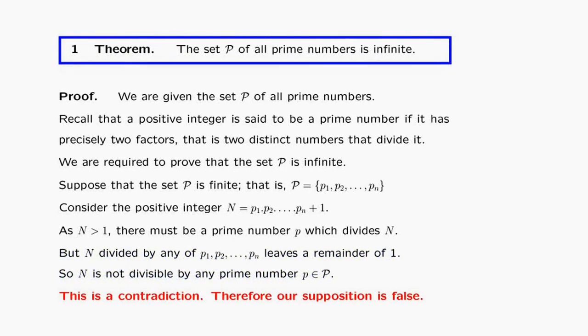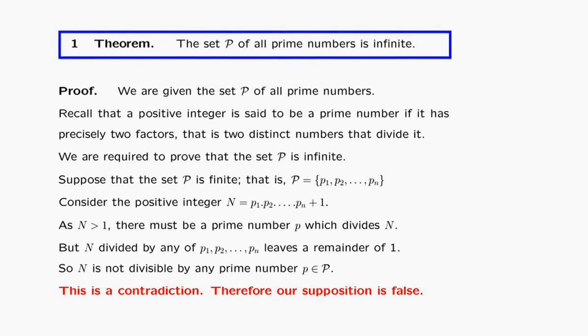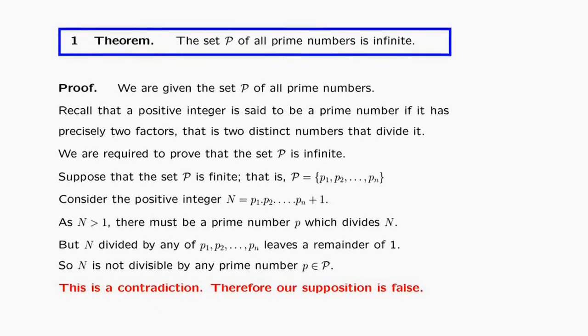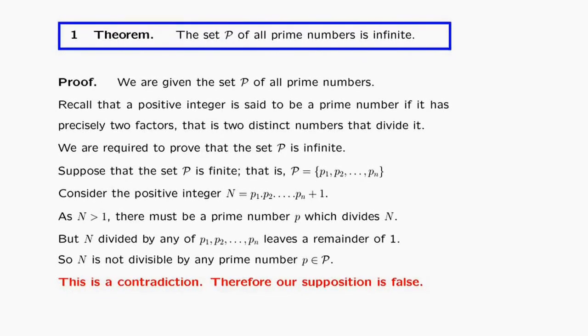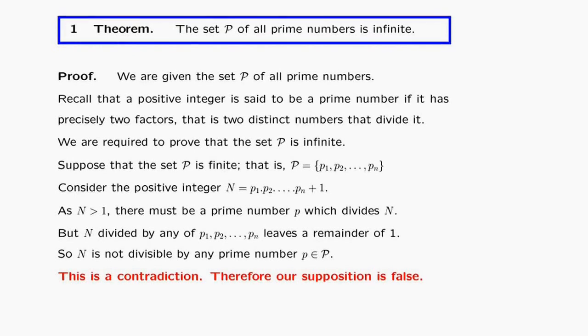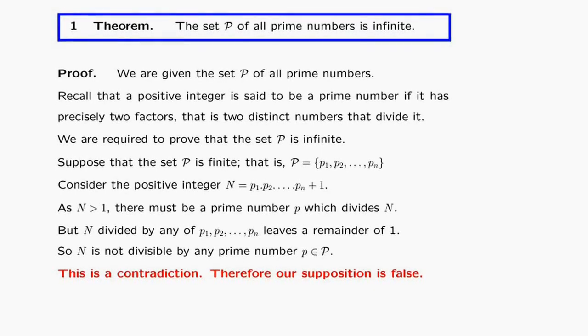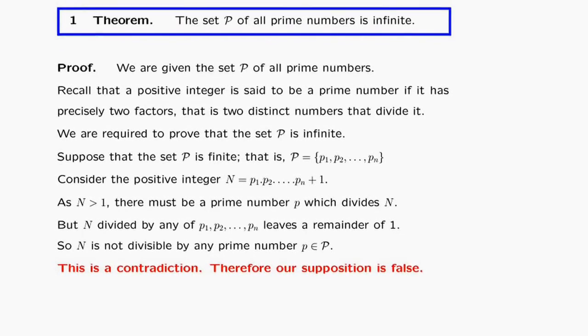This is a contradiction, as every number greater than 1 must be divisible by a prime number. Therefore, our supposition that the finite set P is the set of all prime numbers is false.